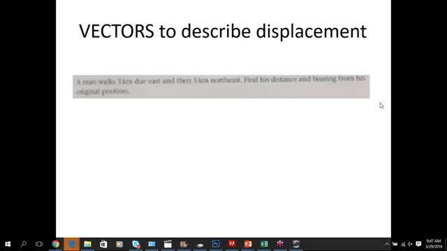The question is, how far are we away from where we started, and in what direction? There are 2 things here: how far, that's distance, and displacement is distance and direction. So displacement equals a distance and direction, not just distance.